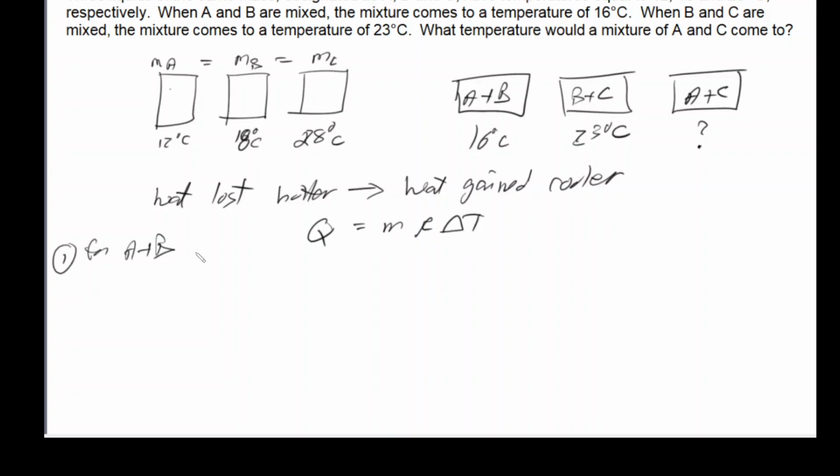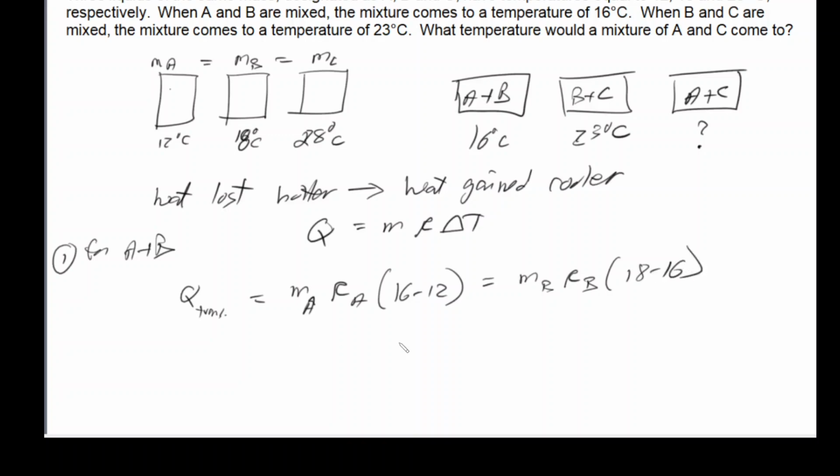So for A plus B, the mass of A times specific heat of A times the change in temperature of A, and A goes from 12 to 16 degrees, so we use 16 minus 12, has to equal the mass of B times the specific heat of B times the change in temperature of B, which went from 18 to 16.